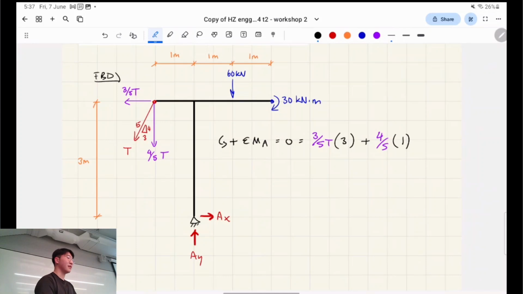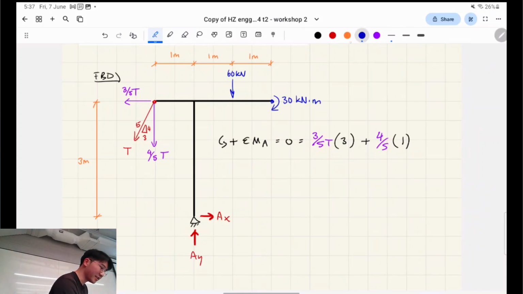Right? I've kind of jumped ahead. Just remember that these are positive moments. Both of these components, the vertical component, the horizontal component, they'll cause a positive moment about point A. Just keep that in mind. That bit's a little bit invisible because I didn't talk about it.